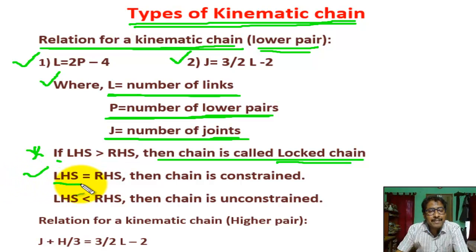Second, if left hand side equals right hand side, then the chain is constrained. Constrained means the links are connected in such a way as to provide constrained motion, desired motion, predicted motion, calculated beforehand.